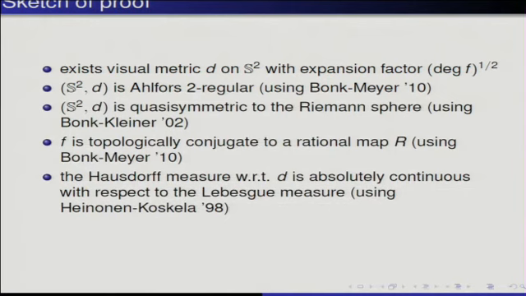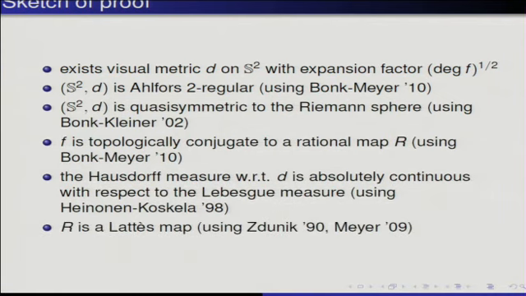So this basically tells you that our Hausdorff measure induced by this metric D is as good as the Hausdorff measure induced by the chordal metric on the Riemann sphere, which shows that R is a Lattès map.